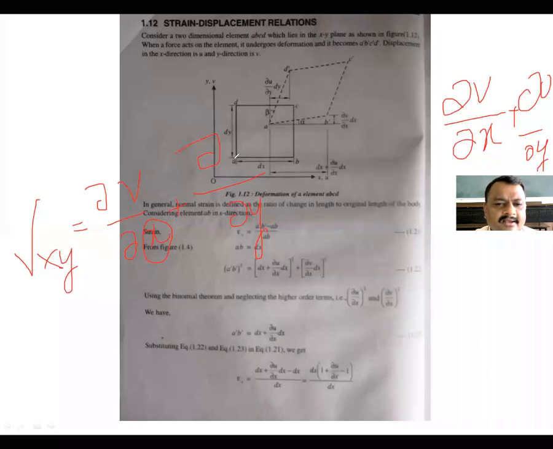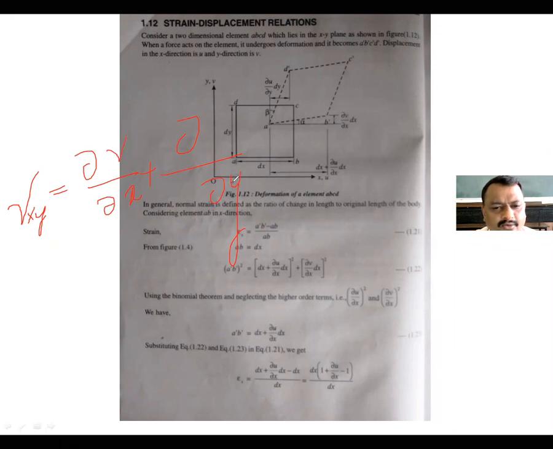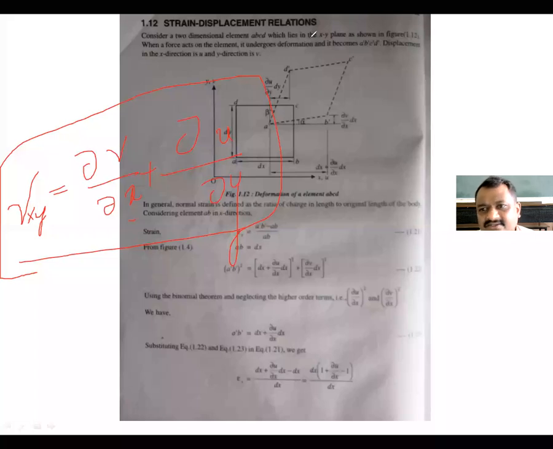Wherever you have written y, instead of v, you write u. So that forms our shear strain in the material, gamma xy equal to dou v by dou x plus dou u by dou y. So these are alpha plus beta, the total shear strain in the material.